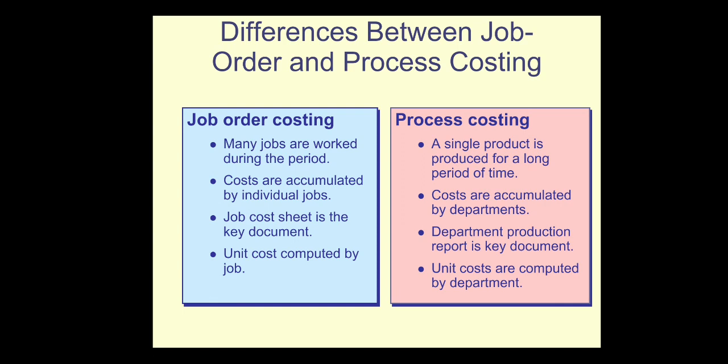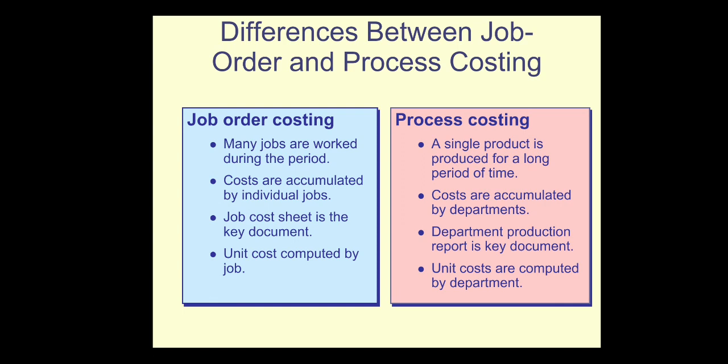But for a business that uses process costing, as you will see in the next slide, the main document used by this kind of business is called the production report.